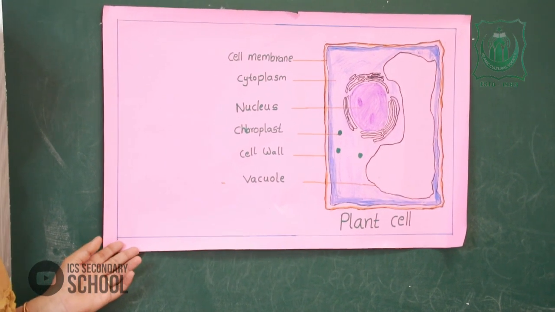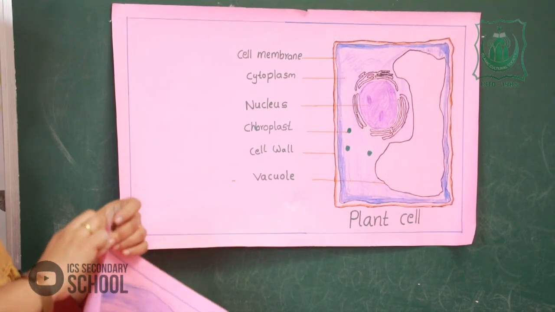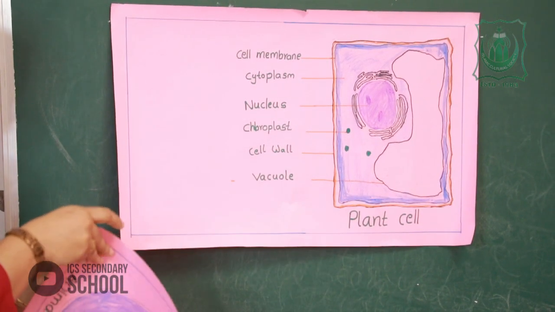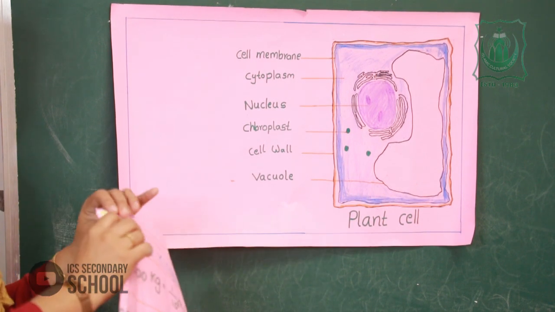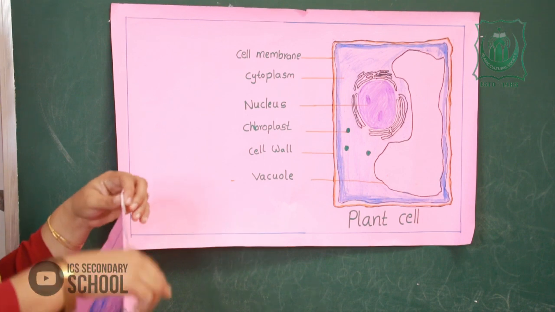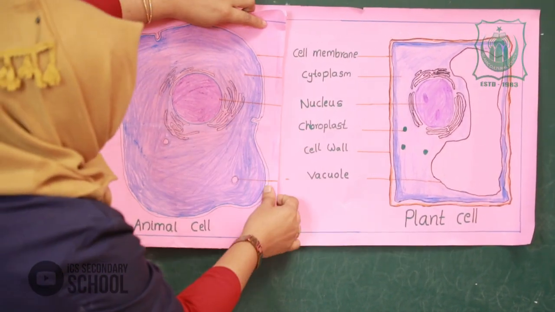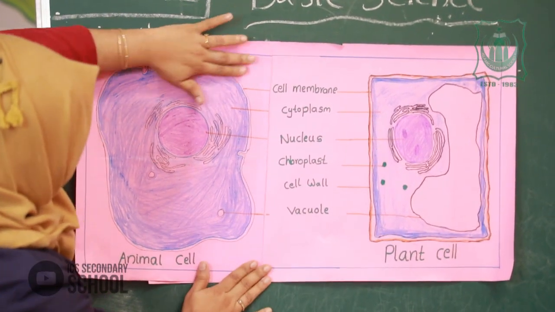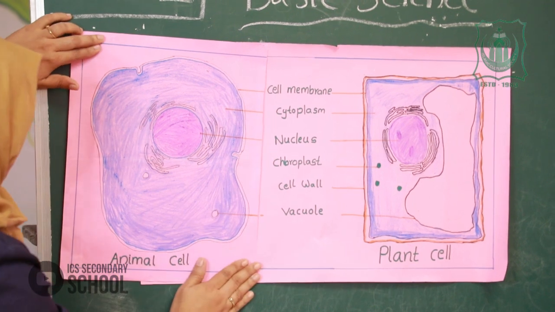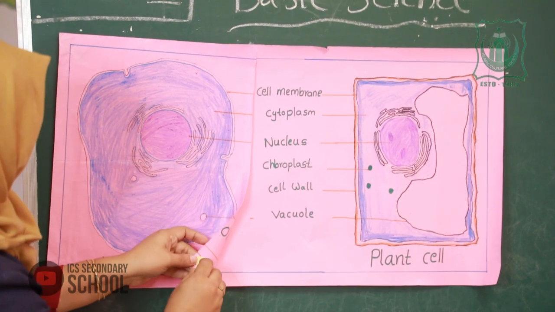Next, we are going to compare the plant cell with the animal cell. We can check what are the similarities and differences between this plant cell and animal cell.